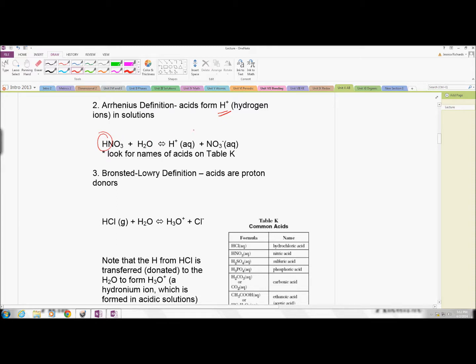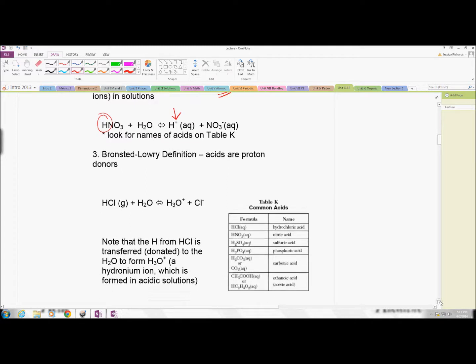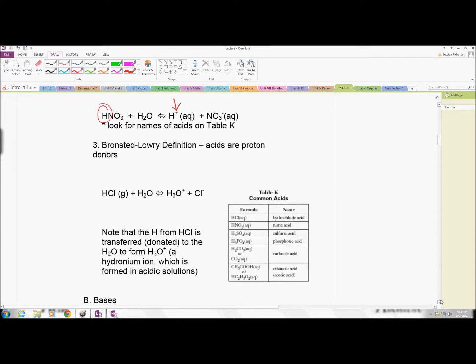When we make them aqueous, they dissociate, and we end up with the H pluses. The other definition that the state calls the alternate definition of acids and bases, its real name is the Bronsted-Lowry definition, so we're just going to call it the Bronsted-Lowry definition, says that acids are proton donors. So if we look at what happens here, this is where the hydronium ion comes in.